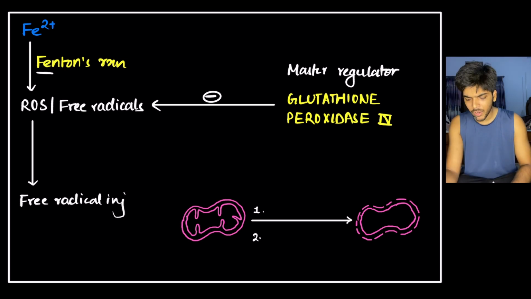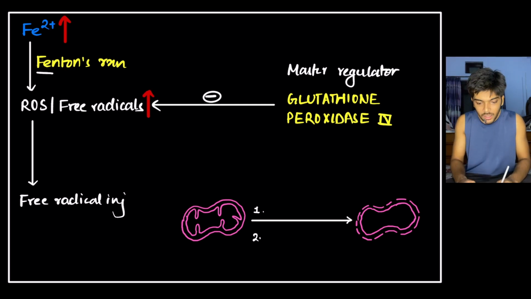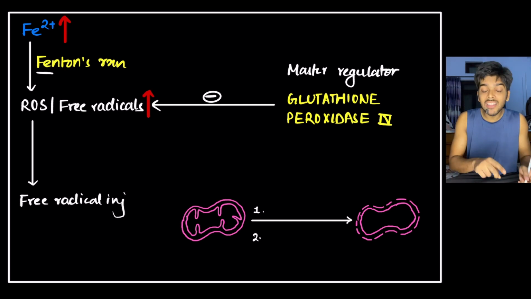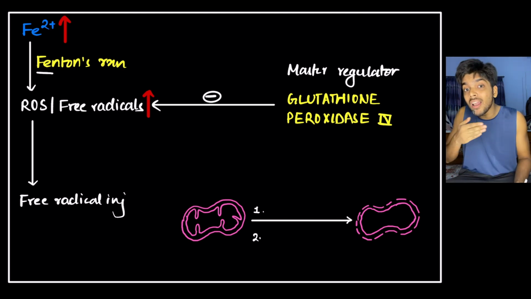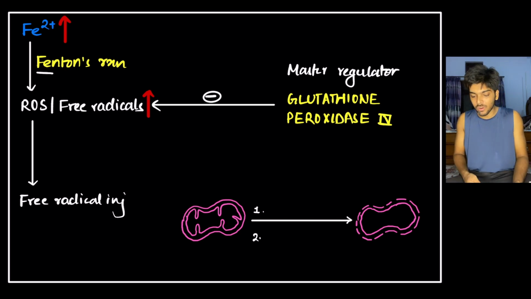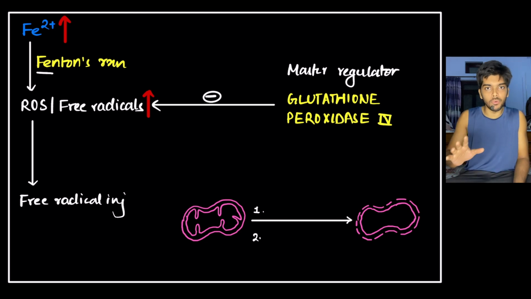But let's say, due to any pathological reason within the cell, like maybe in case of stroke or neurodegenerative disease or cancer, there is an immense rise in the level of ferrous iron. As a result, there is immense rise in the level of free radicals. As a result, the ferrous ions and the free radicals within the cell become so much so that they overwhelm glutathione peroxidase 4. They overwhelm the inhibitory action of glutathione peroxidase 4, which leads to free radical injury.